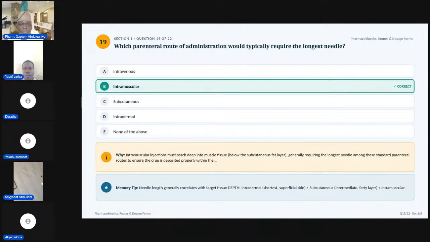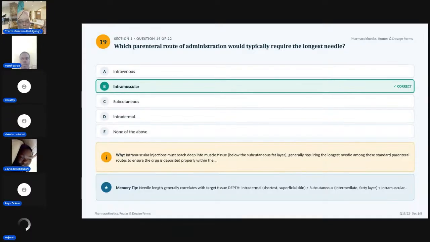Which parenteral route of administration would typically require the largest needle? This one is just you using your experience now. Which of these will require the largest needle? I'll just tell you this now. If you are going to a deep muscle, essentially below the subcutaneous layer, naturally you will need a bigger needle so that it doesn't get blocked before it gets to the site where you want to release it.